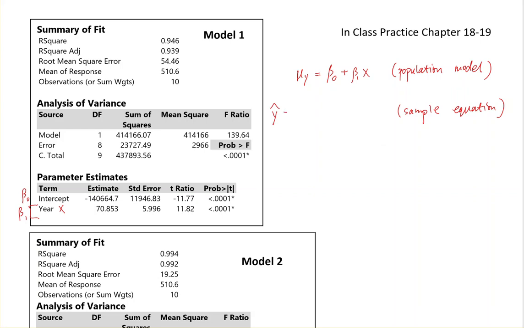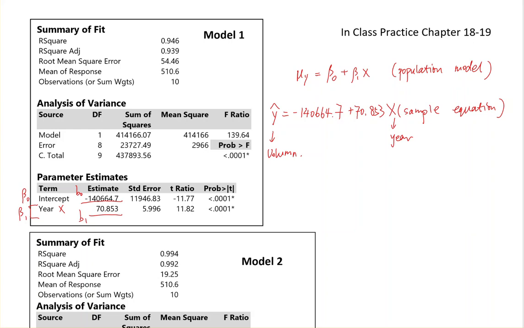So we'll have y hat equals, now this is b0, this is b1, so the sample equation is negative 140664.7 plus 70.853x. Here x is the year, and y hat is the credit card volume.